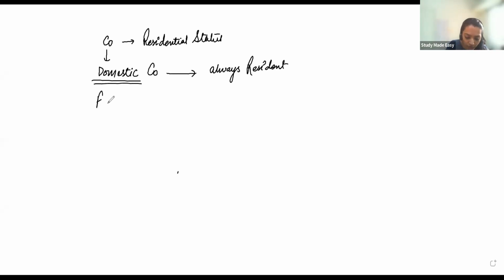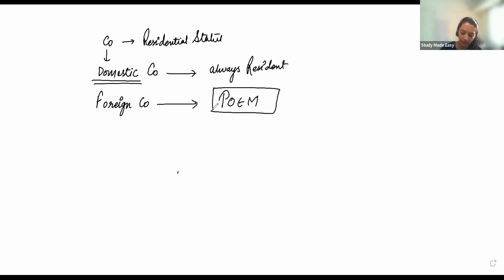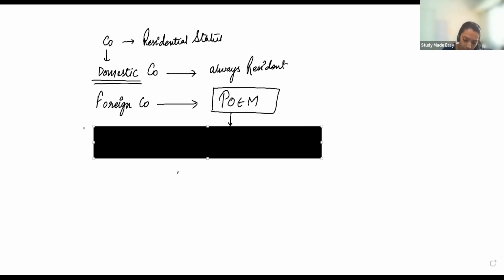But when it comes to a foreign company, it needs to be checked, and that checking is done based on the concept of POEM. Now, what is the meaning of POEM? First of all, I should know what it means. It is nothing but place of effective management.